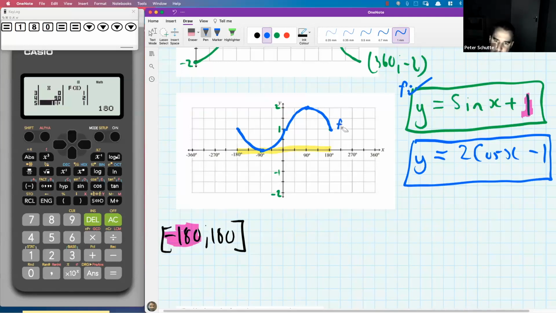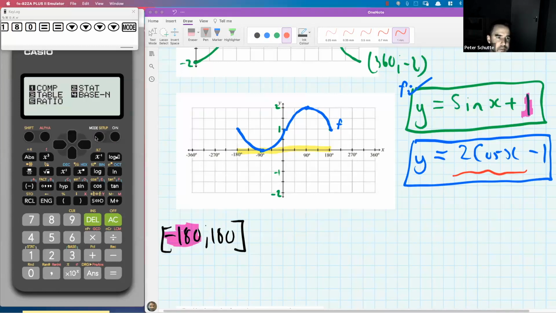Now, what about drawing this graph? I mean, you could have done it at the same time, but it gets a bit confusing. So I'm just going to start again and go table. And then I'm going to go 2 cos x, close my brackets, minus 1.